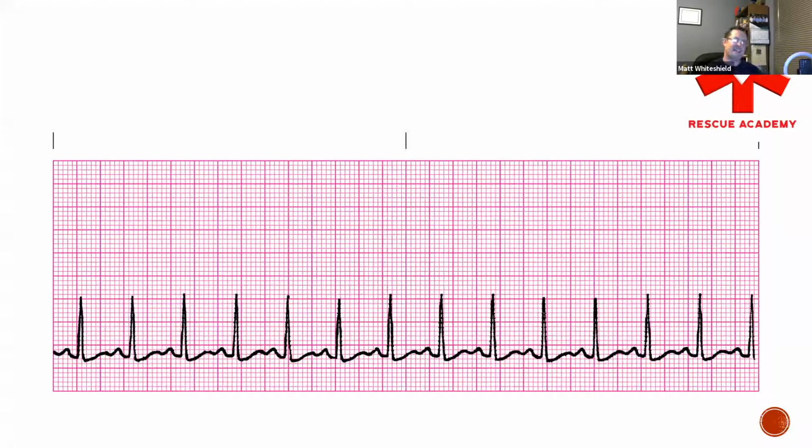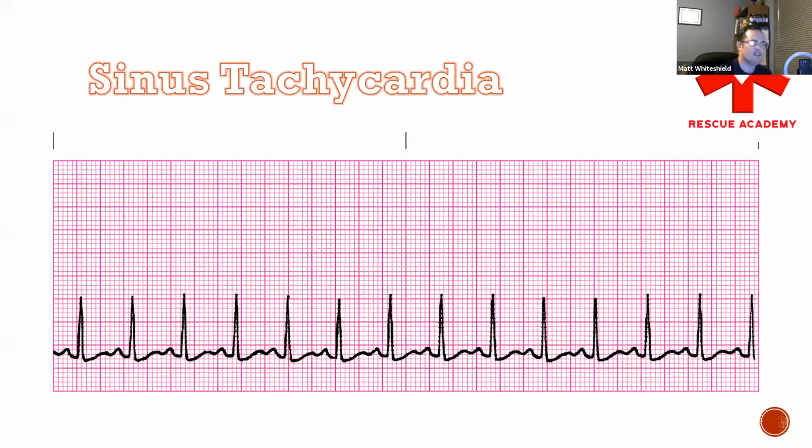These are all sinus rhythms that we just talked about, right? All right, let's take a look. Sinus tach. Good. We see that it's regular. We have narrow QRS complexes. I got upright P waves, but we're still below 150 beats per minute, right?